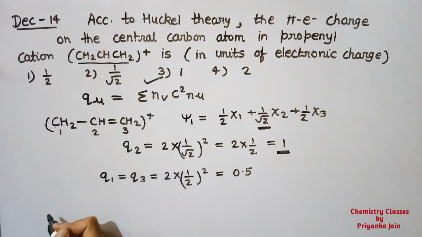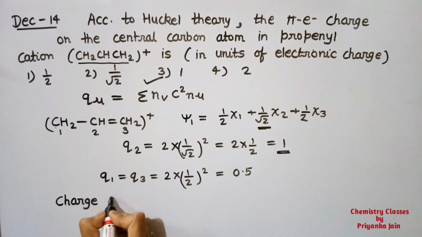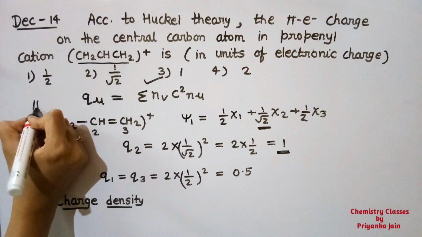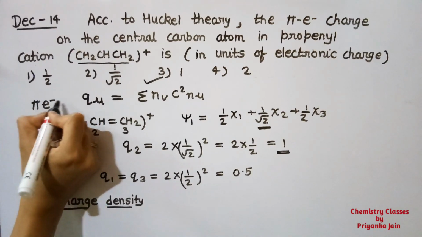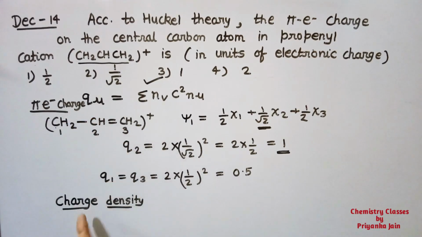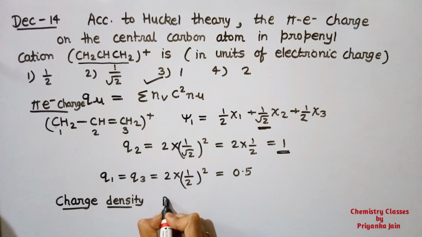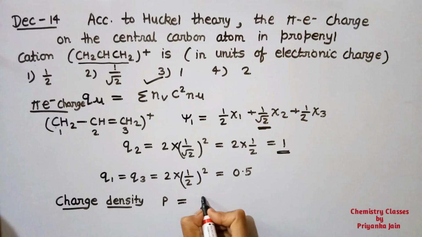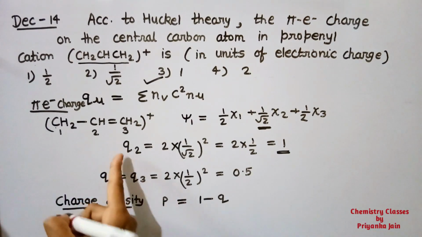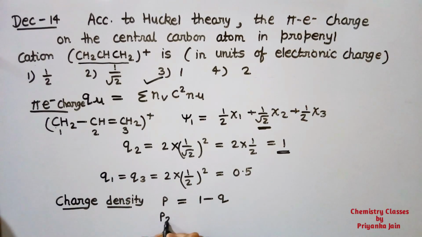Now another term here is the charge density. This was pi electron charge, okay? And this is charge density, that is represented by P, and this is given by 1 minus Q. Suppose we have to find out for central carbon atom, then this will be equal to 1 minus Q2.